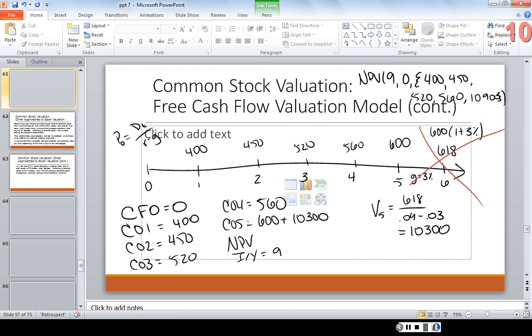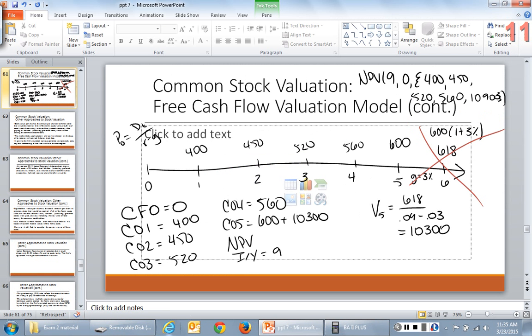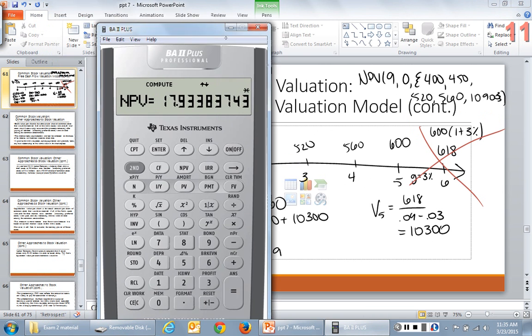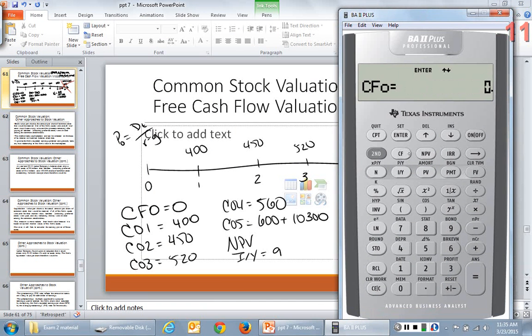So now we're ready to enter these in. Push our cash flow button and then second and clear work. Enter in the down arrow. Cash flow at time period 1 is 400,000. Enter. 450,000. 520,000. 560,000.